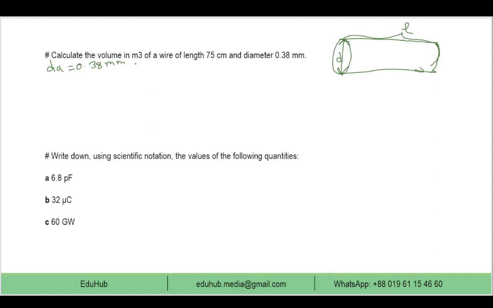That means it is 0.38 by 1000 meter, which is 0.38 into 10 to the power minus 3 meter. Length is 75 centimeter, which is 75 by 100 meter. That means it is 75 into 10 to the power minus 2 meter.